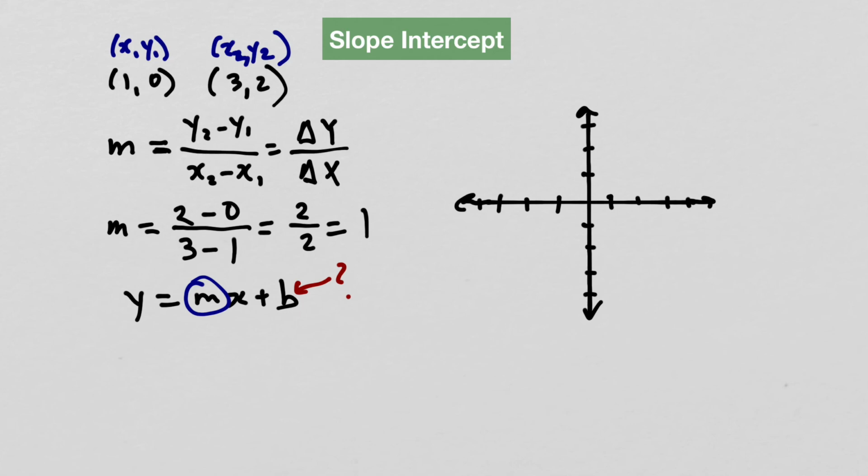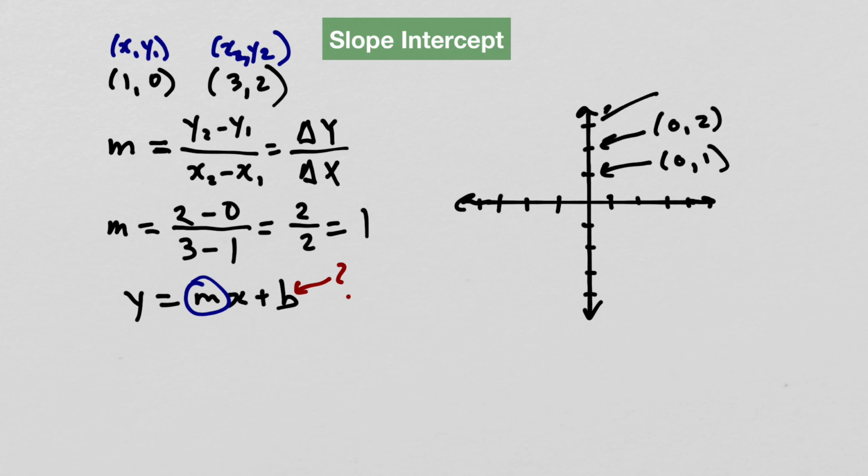Now, how do we solve for that? We know that any line that crosses the y-axis, the x value or the domain is always 0. Here's what I mean. This point is 0, 1. This point is 0, 2.